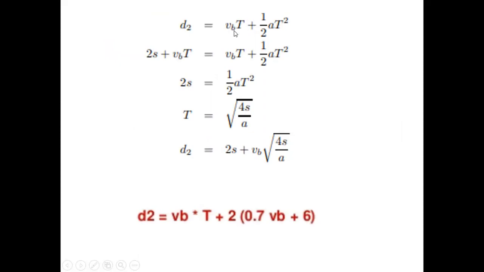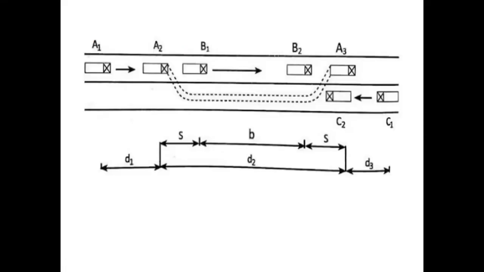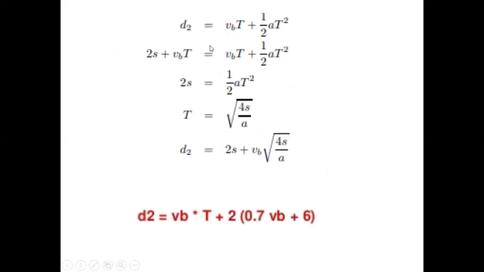What will be my speed? Initially, as I said, the vehicle A is reducing its speed to that of the speed of the vehicle B, correct? So the speed taken here will be the speed of the overtaken vehicle. That will be V suffix B. Okay, so that is the change.